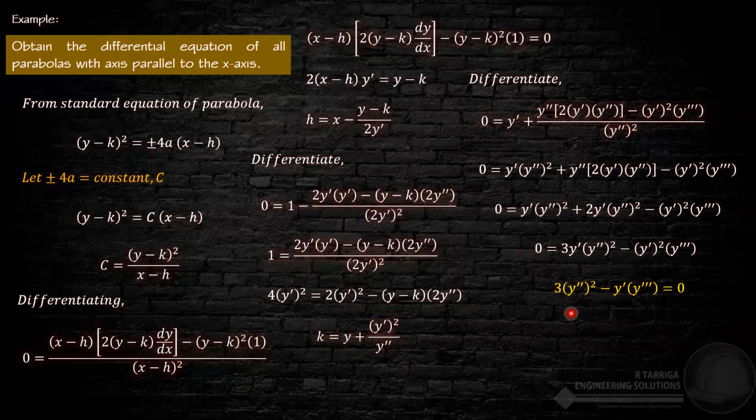Well then, no, that is now the differential equation of all parabola with axis parallel to the x-axis. Okay, so medyo mahaba but kaya. No? I know kayang-kaya nyo yan. So again, there are 3 arbitrary constants. That's why we differentiated 3 times.